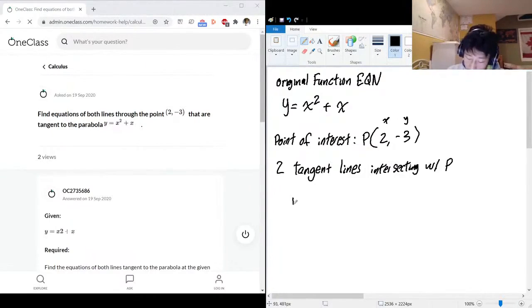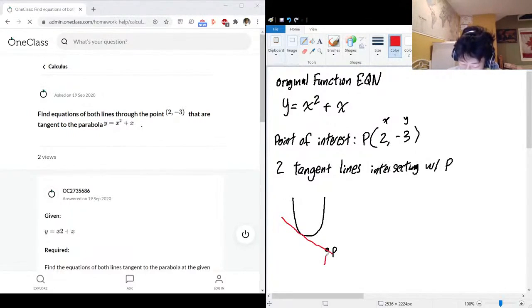So something like this. We're going to have a point P somewhere. This is just to get a rough idea; we don't necessarily need super detailed diagrams. But you see how we're going to have two tangent lines that intersect with this. One of them is going to be on this side, a negative sloping tangent line.